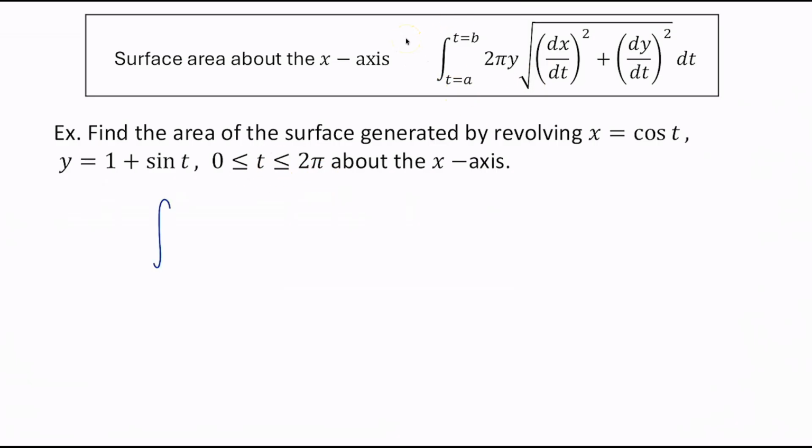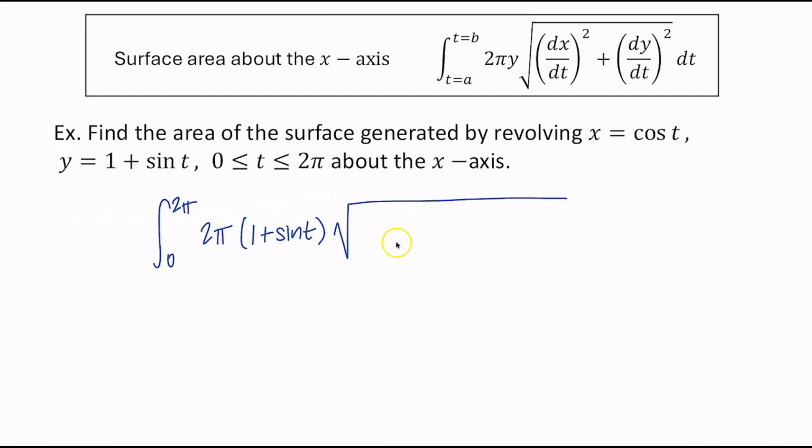So we'll start the integral from 0 to 2 pi of 2 pi y. Now we're going to write the equation for y, 1 plus sine t. So our integrand is a function of t. We're integrating with respect to t. So we'll put 1 plus sine t. And then we're going to have the square root of dx dt squared plus dy dt squared.